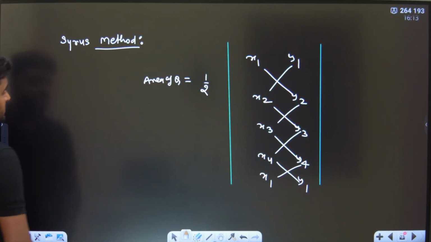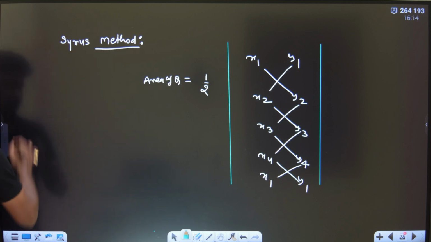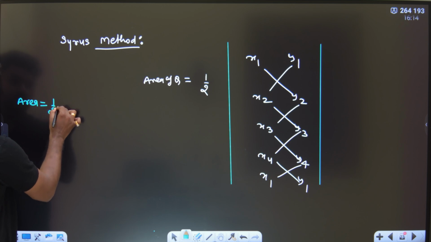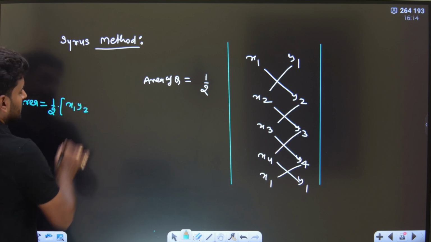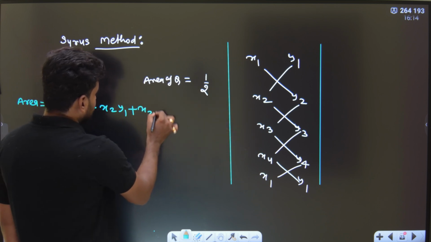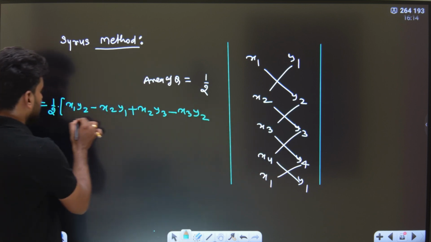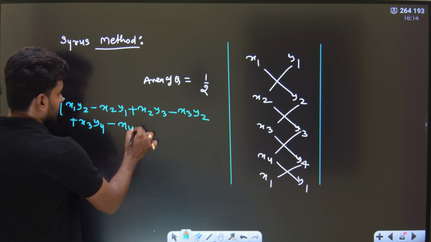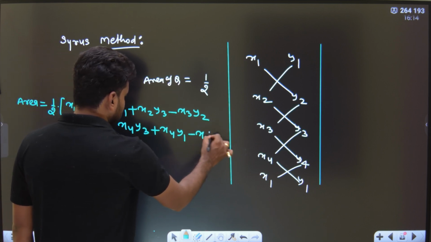The area of the quadrilateral will come equals to 1 by 2 into, I will write, x1 y2 minus x2 y1, plus x2 y3 minus x3 y2, then x3 y4 minus x4 y3, plus x4 y1 minus x1 y4.